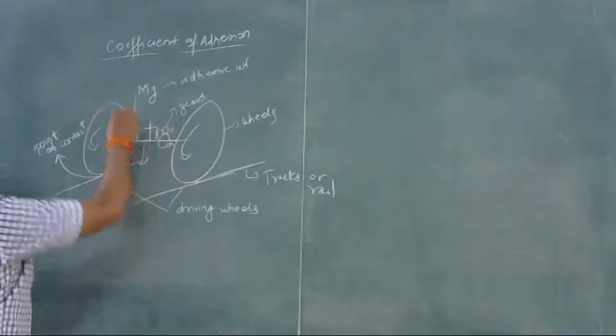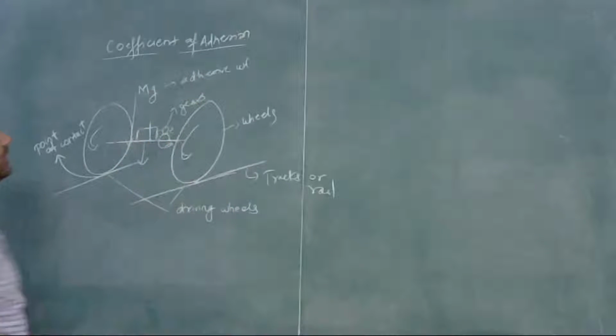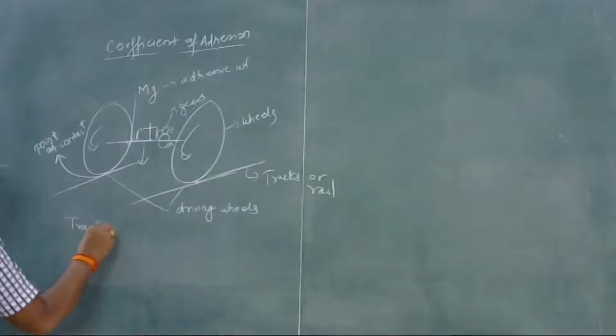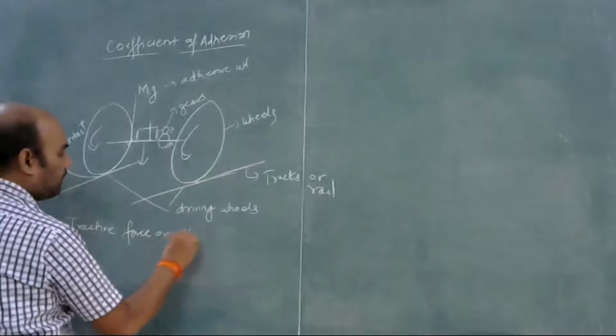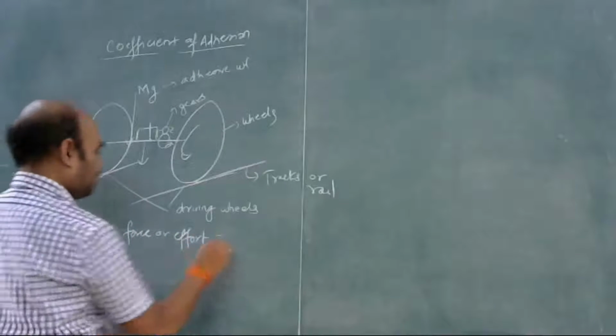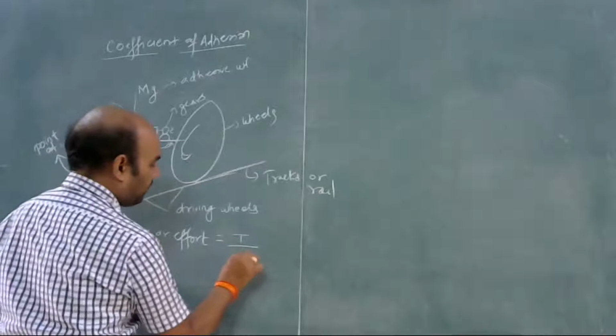Okay. So the weight on the driving wheels is known as adhesive weight. The tractive effort is the total force on the rim of the driving wheels, and the tractive force or effort is equal to torque divided by radius r.